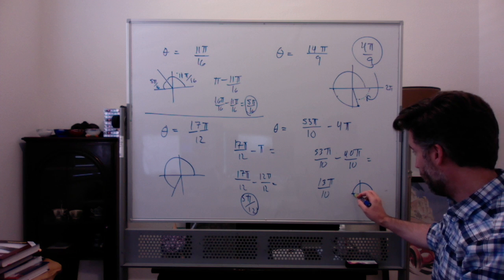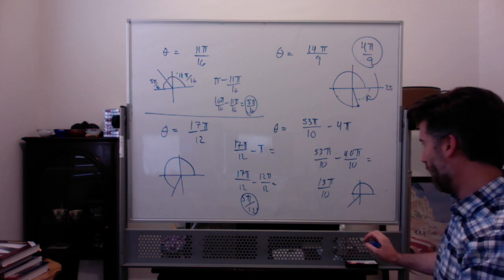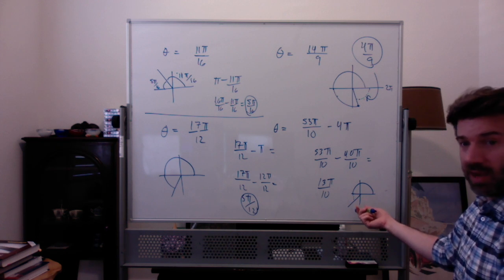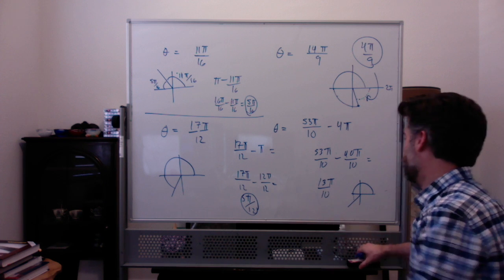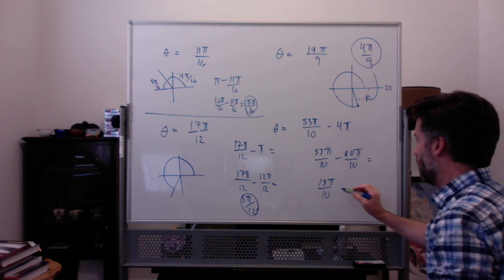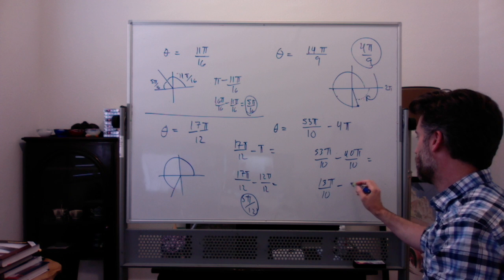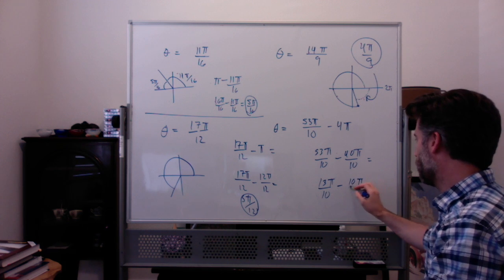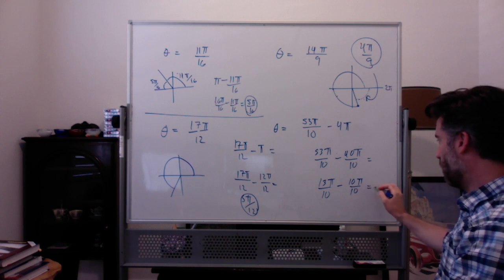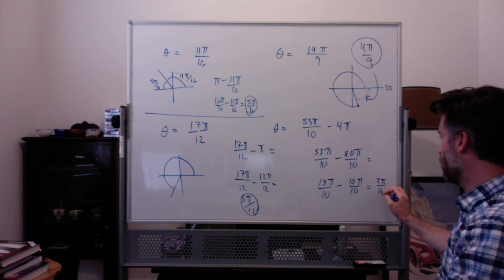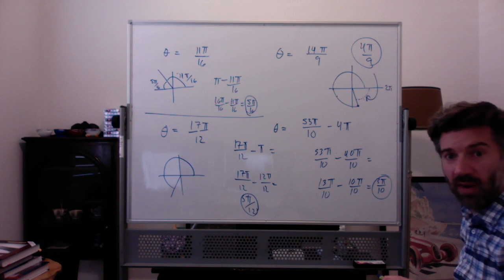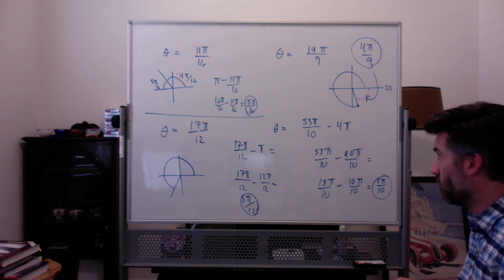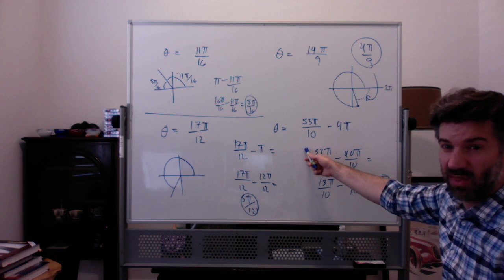And then I've got a little bit more. How much more? 3 pi over 10 more. So I could just see it's 3 pi over 10, or I could do 13 pi over 10 minus pi, which is 10 pi over 10, to get me 3 pi over 10. So there's the reference angle for 53 pi over 10, which ends up terminating in quadrant 3.